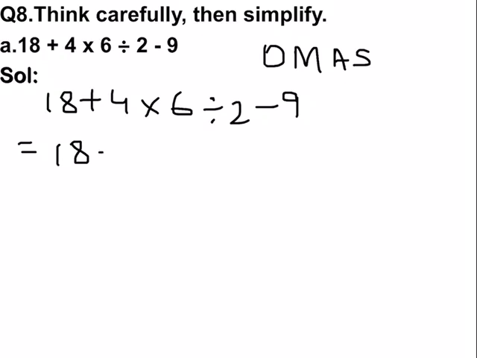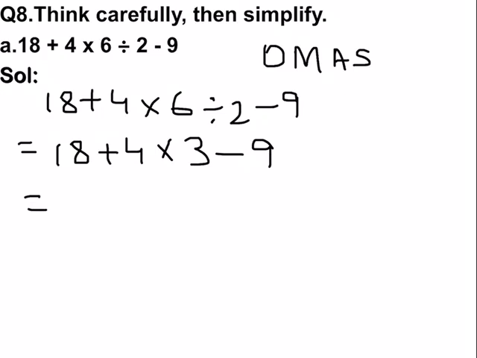According to the DMAS, first we will solve division, that is 6 divided by 2. 2 1s are 2, 2 2s are 4, 2 3s are 6. Good. Minus 9. Now 3 operations, that is addition, multiplication and subtraction.